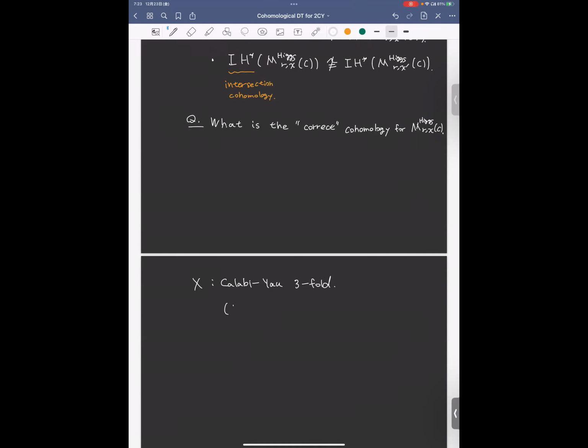Here, in today's talk, a Calabi-Yau threefold is defined to be a smooth threefold with trivial canonical bundle. And I do not assume the compactness of X. And let M_X be the moduli stack of compactly supported coherent sheaves on X.